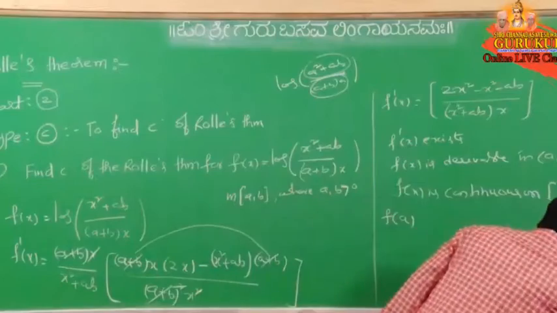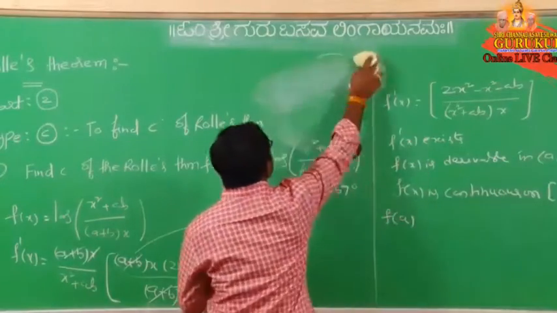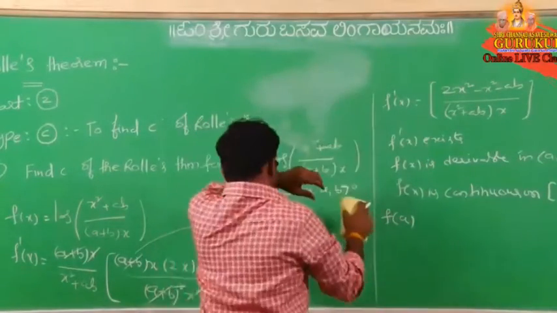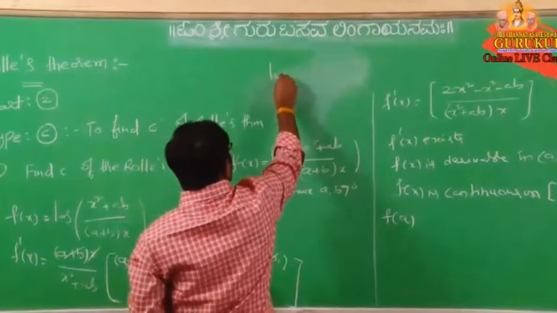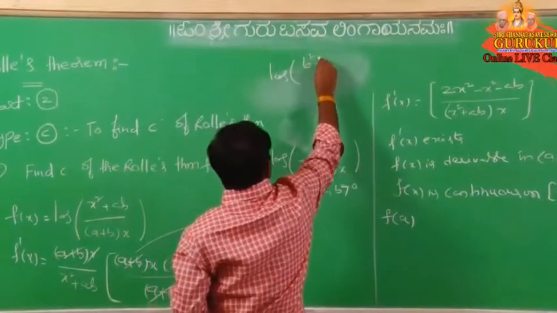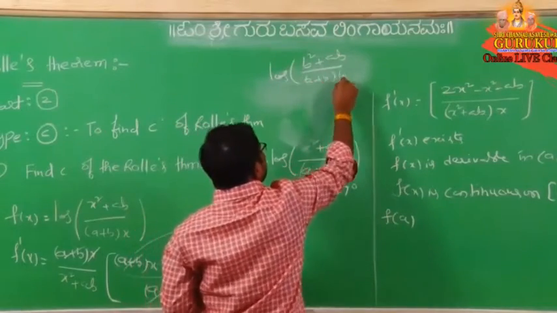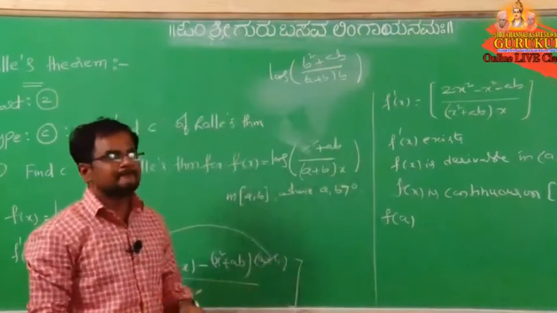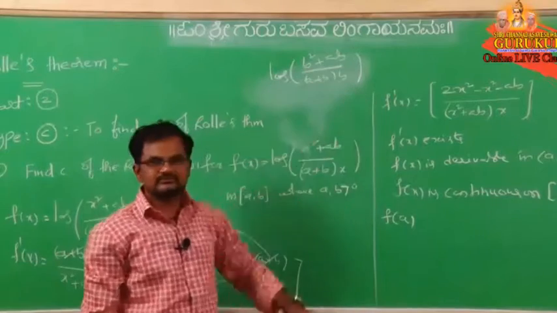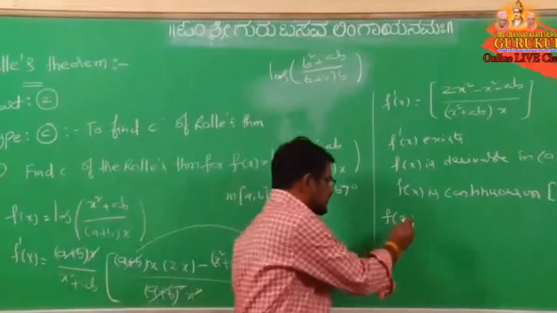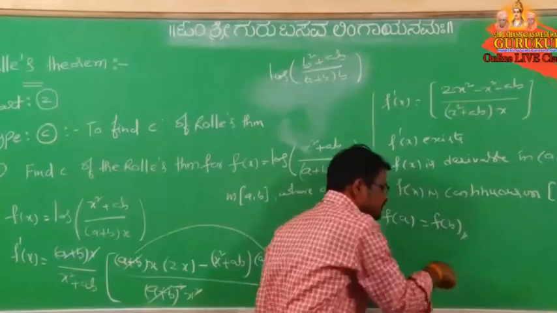Next, f of b equals log of (b square plus ab) divided by (a plus b) into b. Once you observe, (ab plus b square) over (a plus b) into b is 1, log 1 is 0, so f of a equal to f of b also, no?